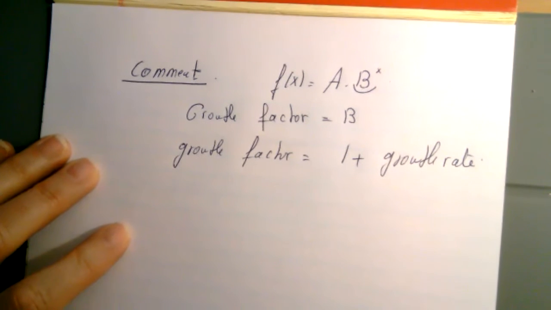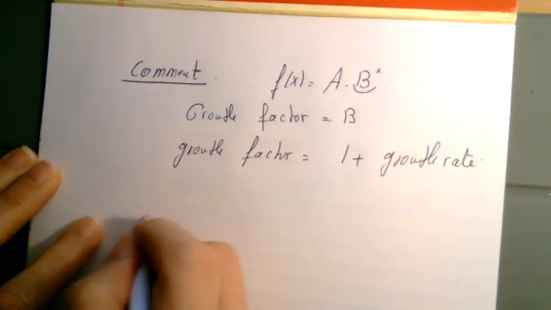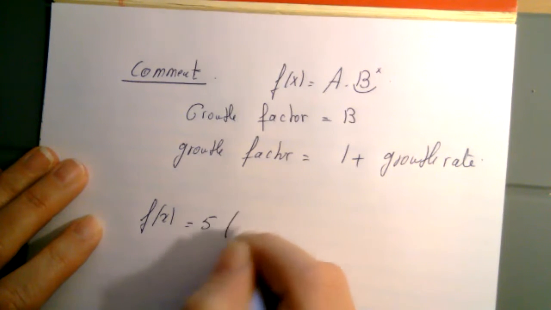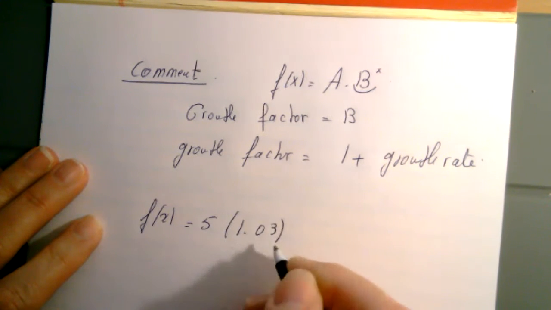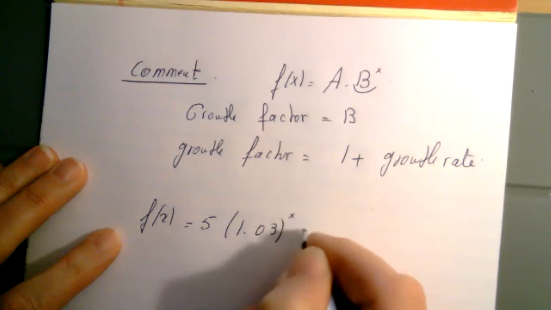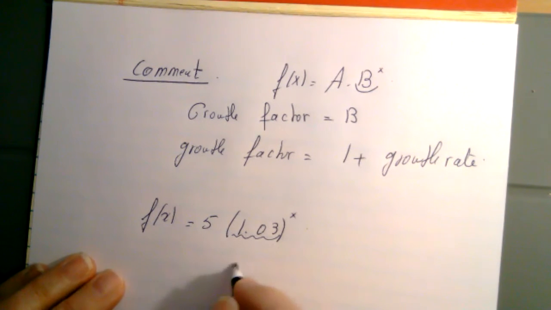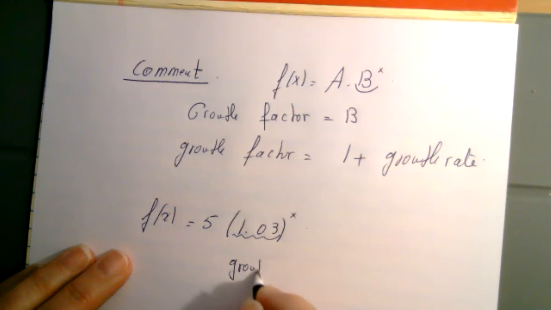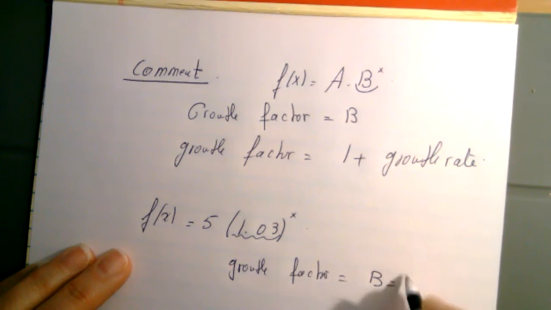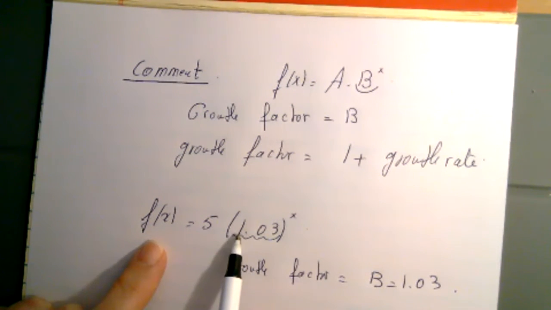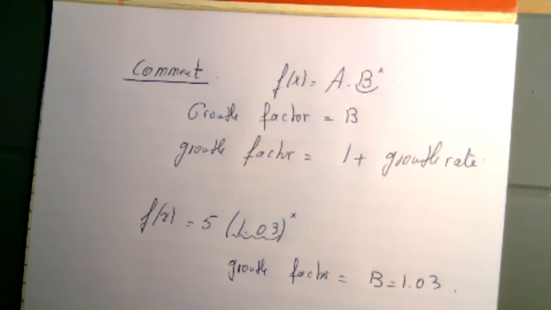As one example, let us say f of x is 5 times 1.03 to the power x. So the growth factor is the B. It means this represents a quantity that every year is 103% of the year before it.